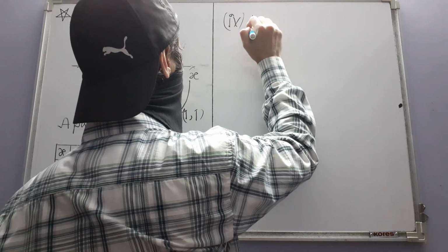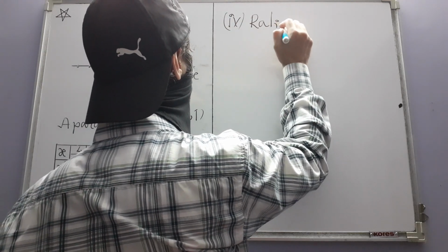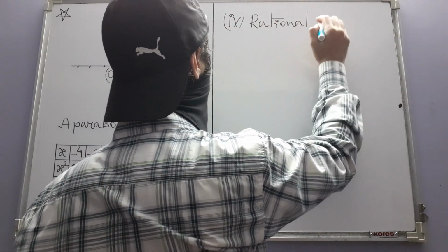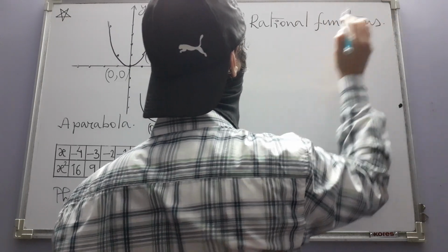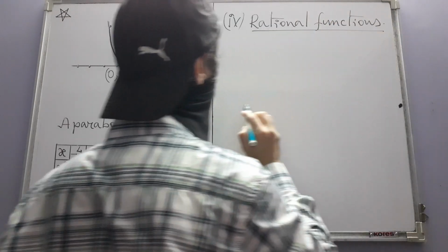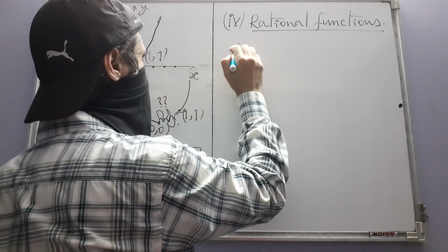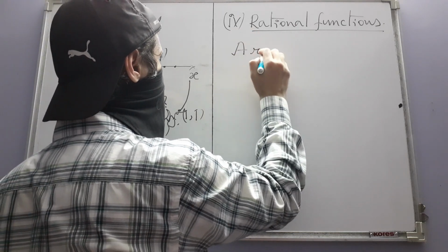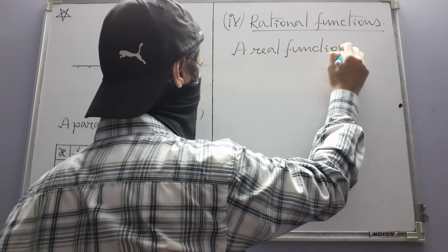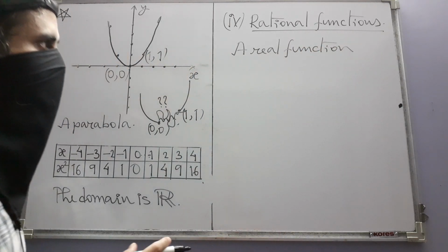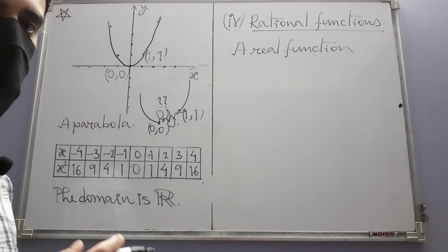Number 4. Rational functions. A real function. Whenever we say a real function, that means the outputs should be real numbers.